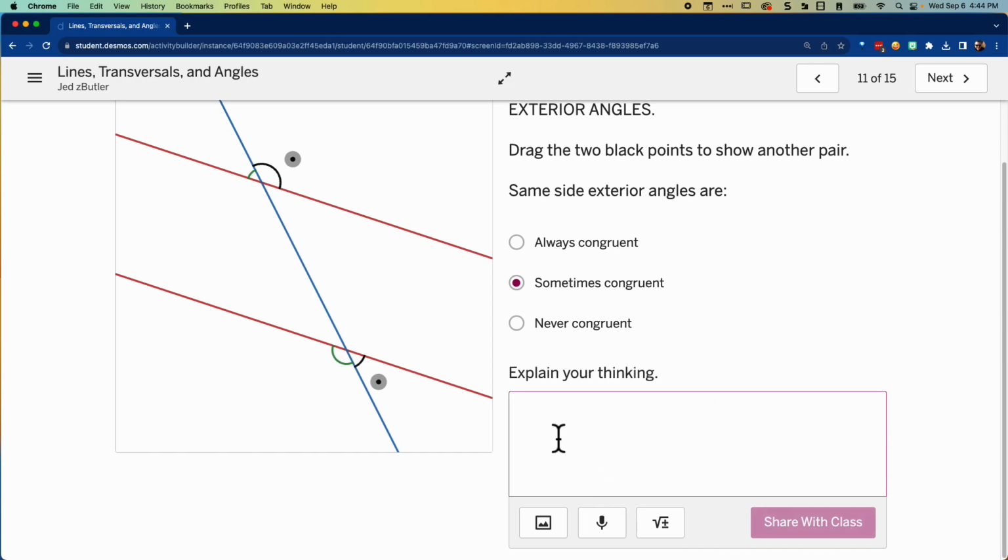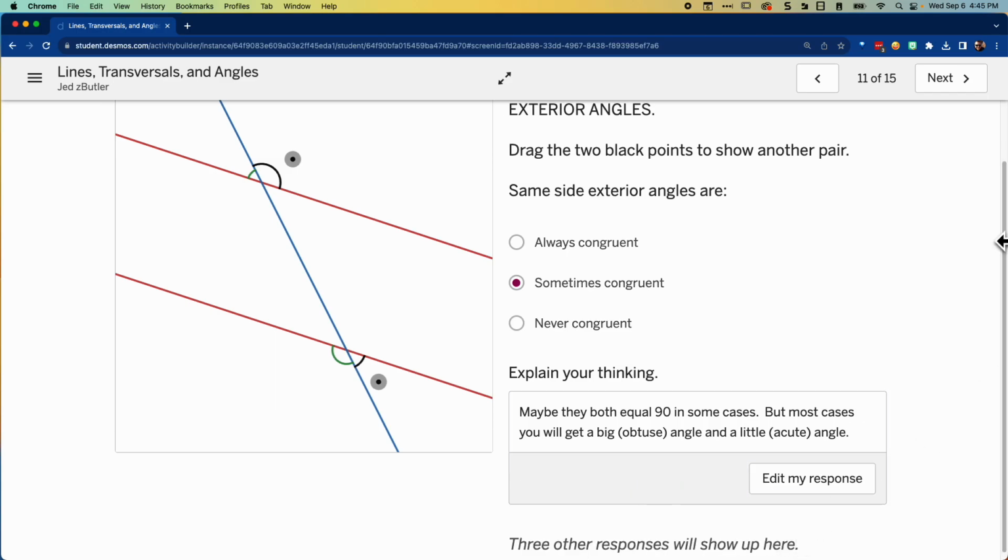I'm going to say sometimes congruent. So maybe they both equal 90 in some cases, but in most cases you will get a big obtuse angle and a little acute angle. Awesome.